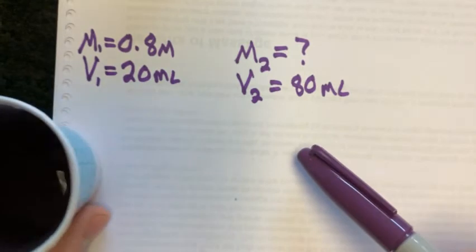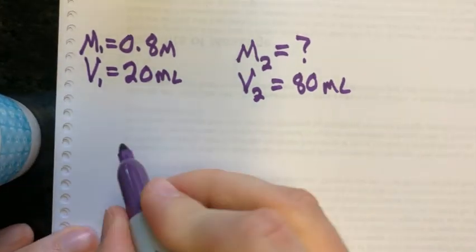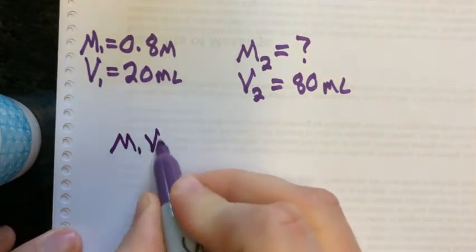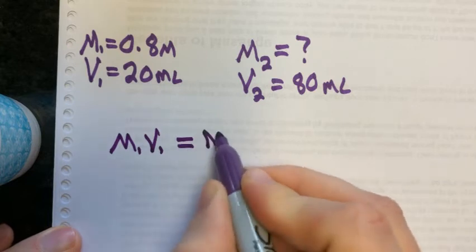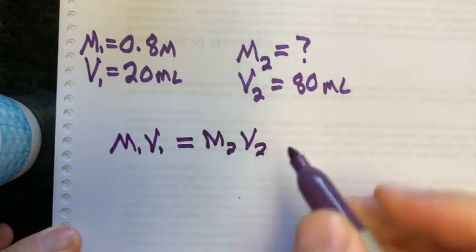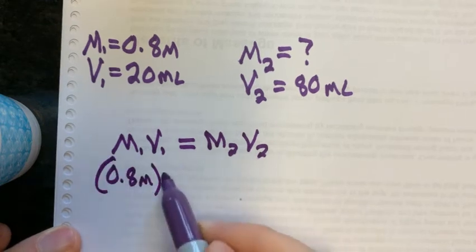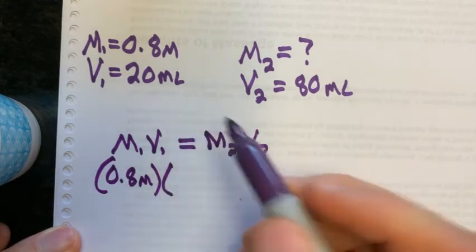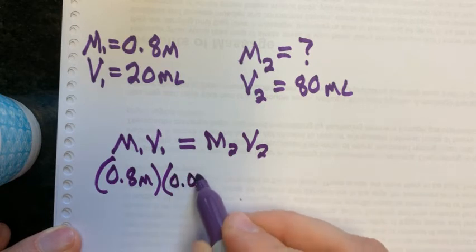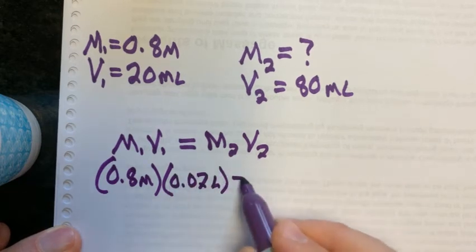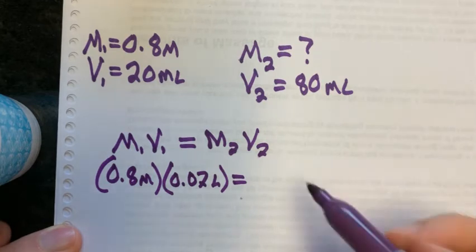So now we can do our calculation. So we've got M1 V1 equals M2 V2, 0.8 molar. Remember again that we have to convert these into liters. So we're going to do 0.02 liters. Now our diluted solution.